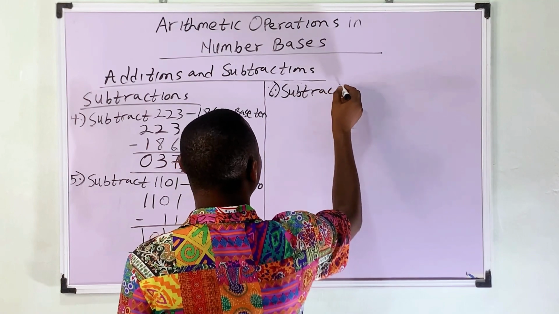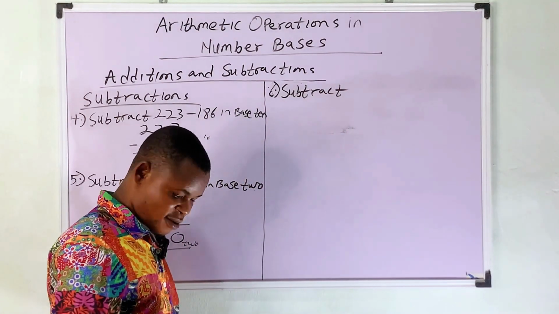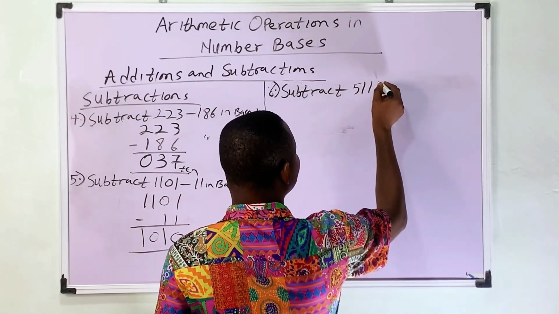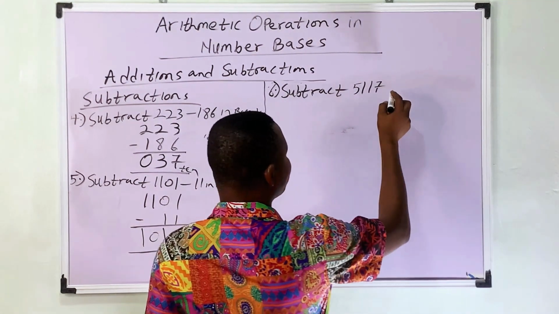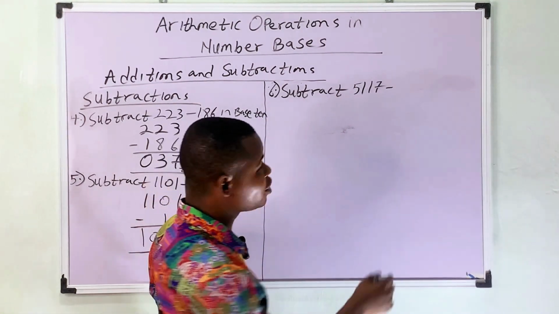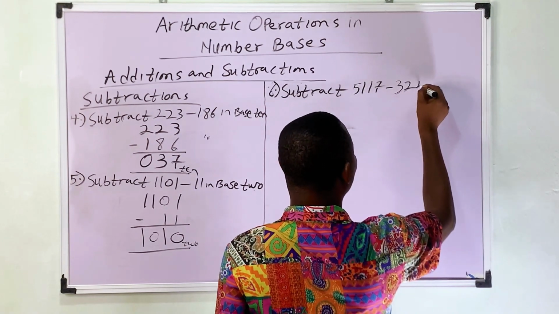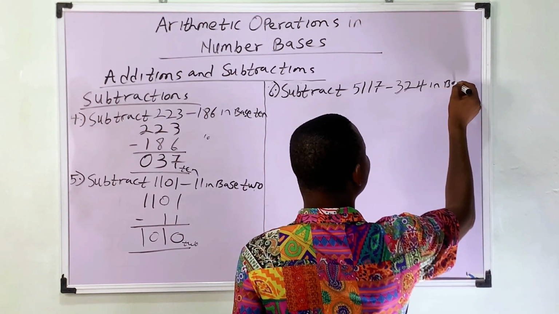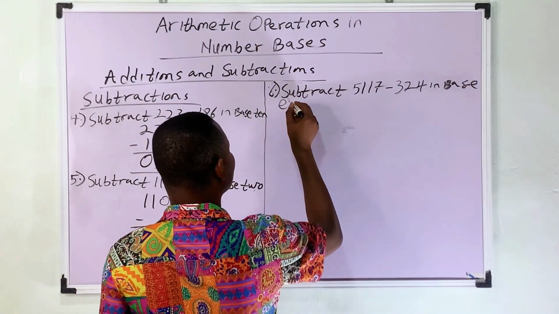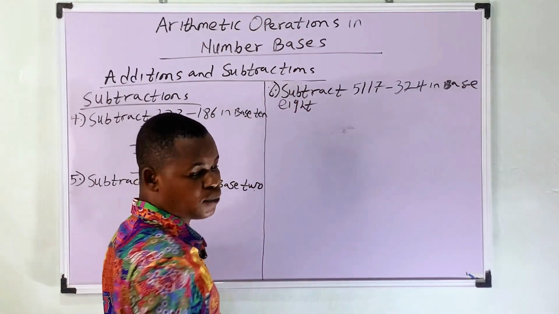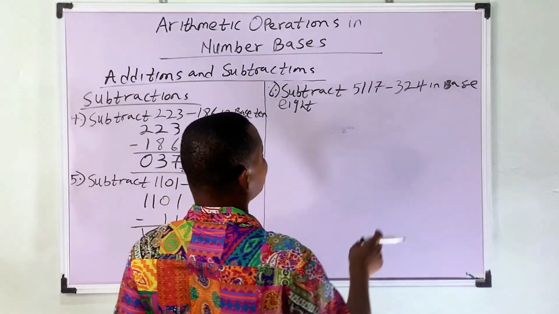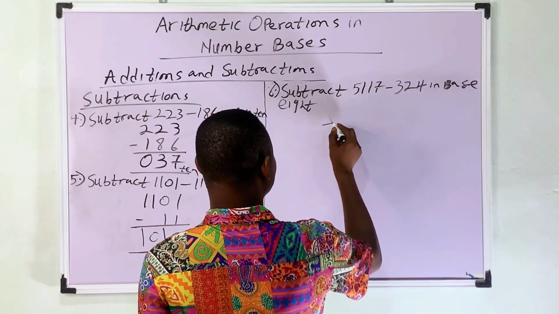Subtract 5117 minus 324 in base 8. 5117 minus 324 in base 8. Look at the bases.